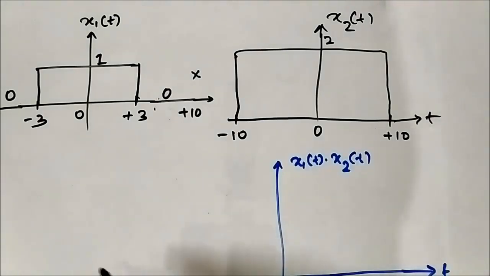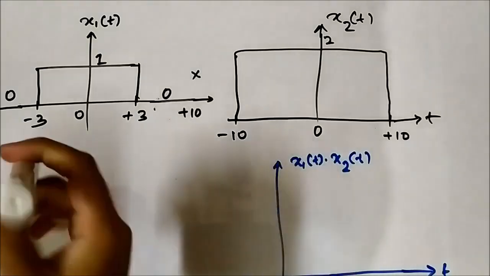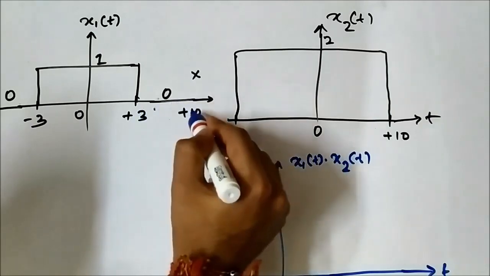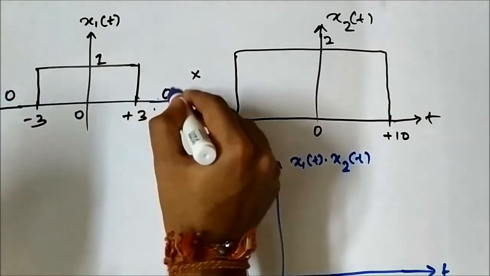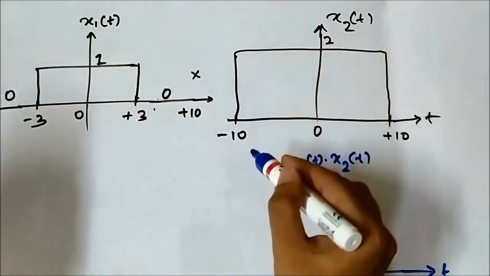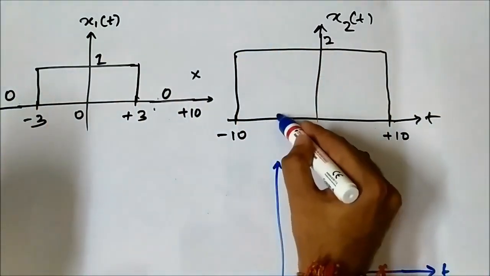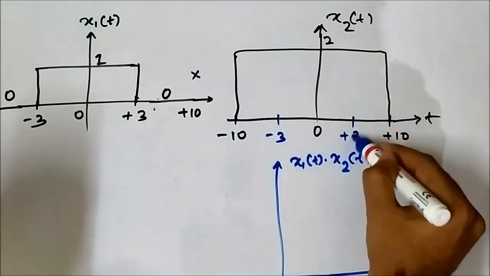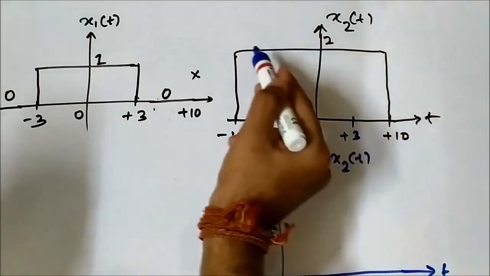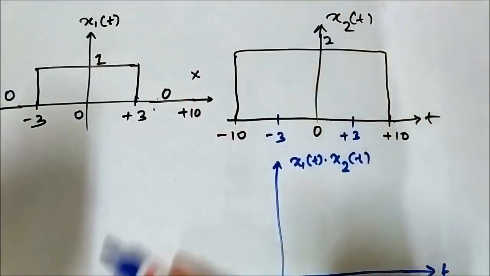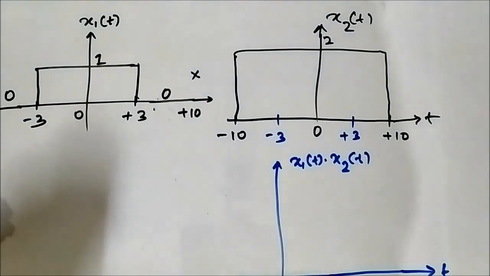Now in the output, from minus 10 to minus 3 and from plus 3 to plus 10, one of the amplitude values is 0. No matter that x2(t) has an amplitude 2 here, x1(t) is 0, and 0 multiplied with anything will give us 0.